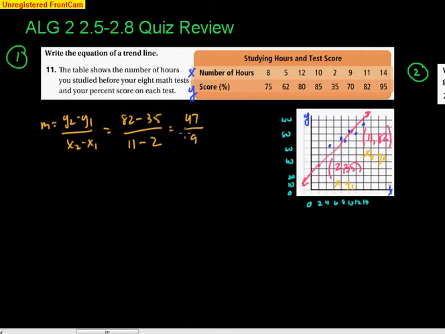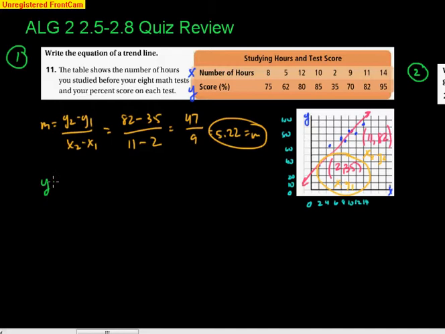So it's 47 divided by 9, and that roughly is 5.22, rounded to 2 decimal places. So there's my slope.